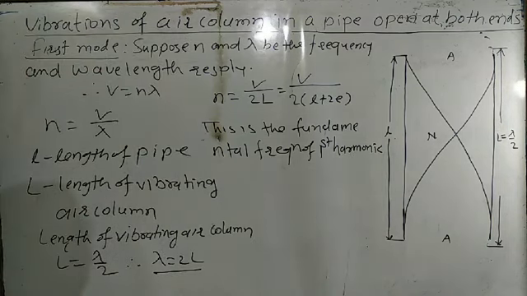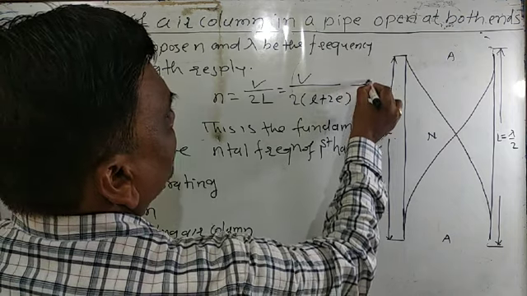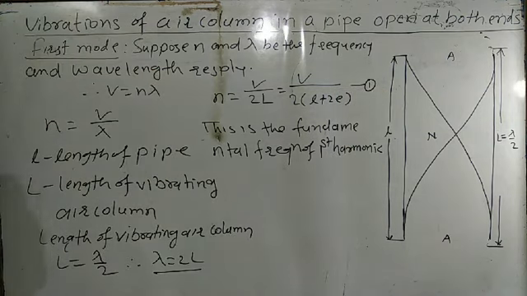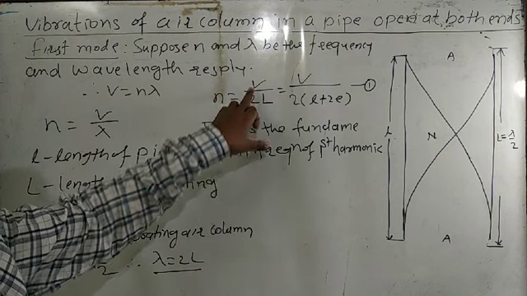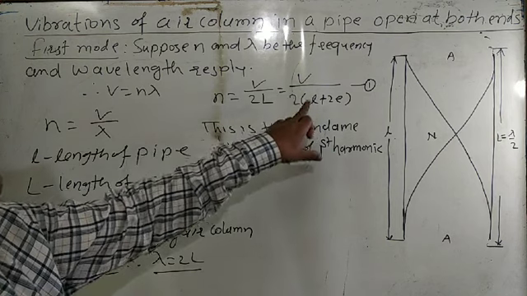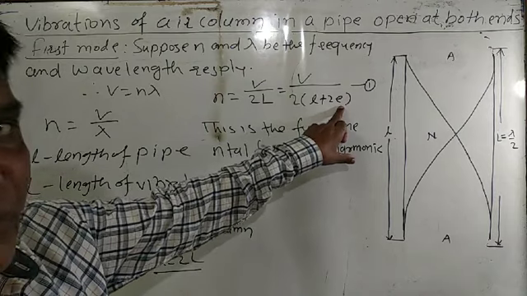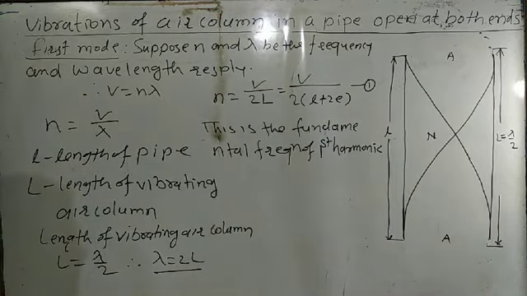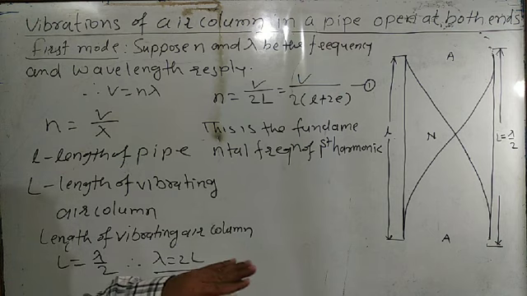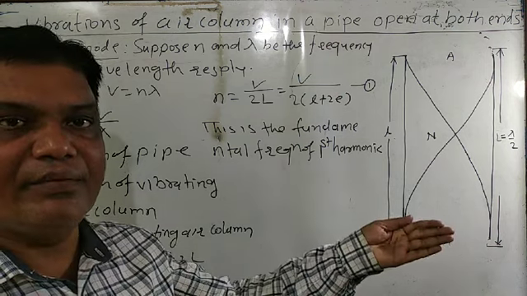So this fundamental frequency equal to V by twice L, or V by twice (l plus twice e), because capital L equal to l plus twice e. Understand? Now we consider the next mode of vibration.